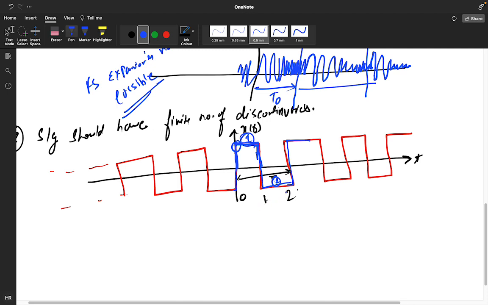So this kind of signal is possible: over the range of a time period, the signal should have a finite number of discontinuities.